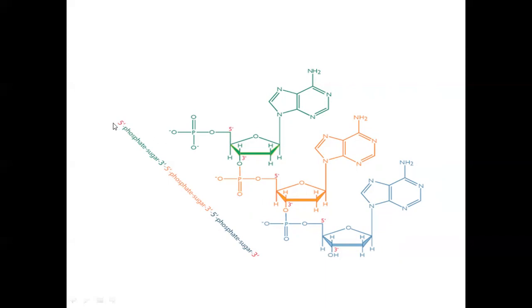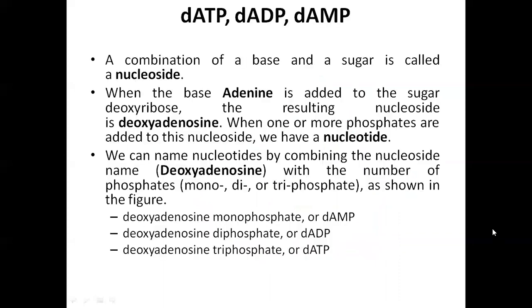This is called 5' phosphate, sugars linked by 3', 5' phosphodiester bonds. You start with 5', that means the fifth carbon has a free phosphate. If you go on like this, the last nucleotide should have a free hydroxyl group.